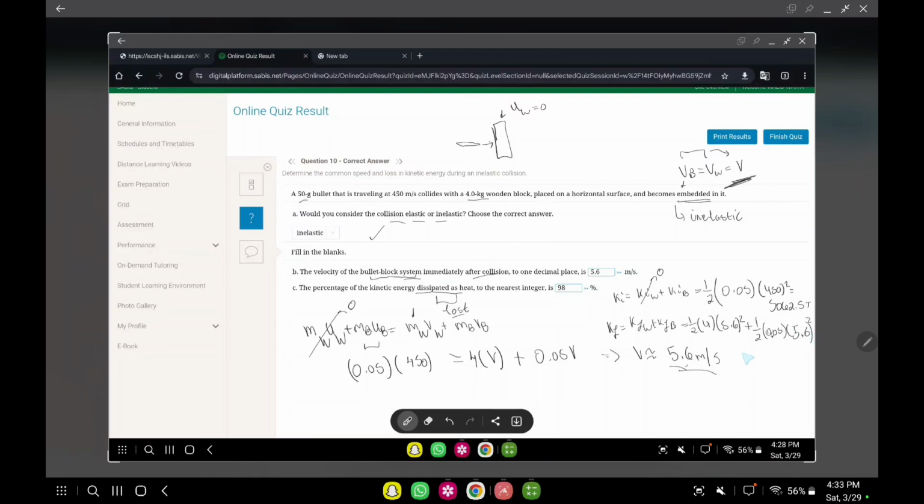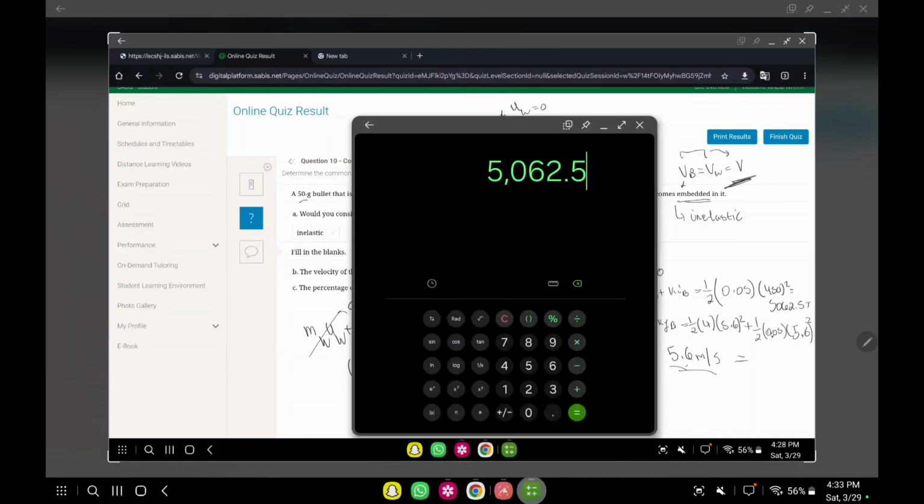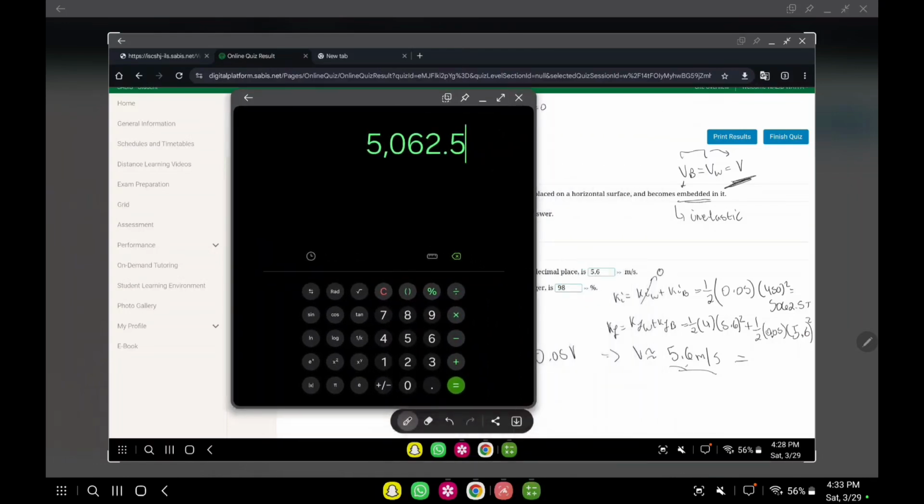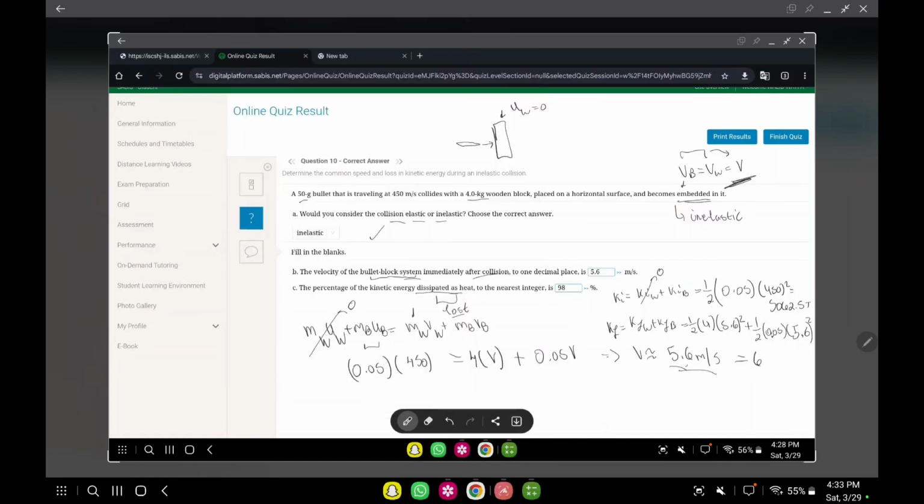Okay, it's a bit messy, but pardon me please. 0.5 times 4 times 5.6 squared plus 0.5 times 0.05 times 5.6 squared gives 63.5 joules.